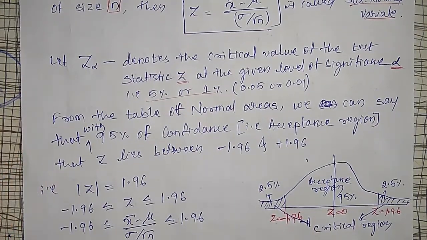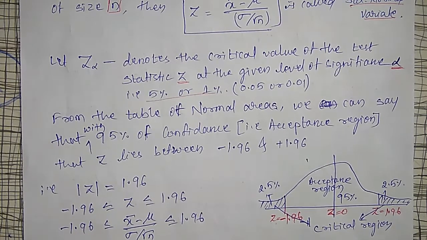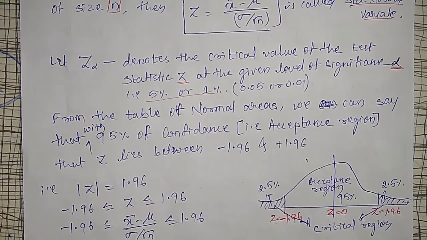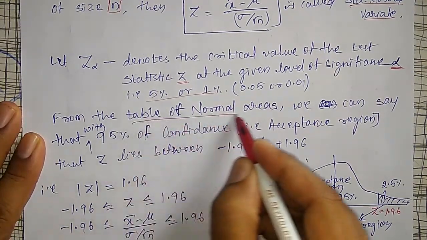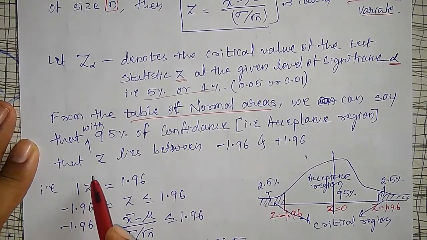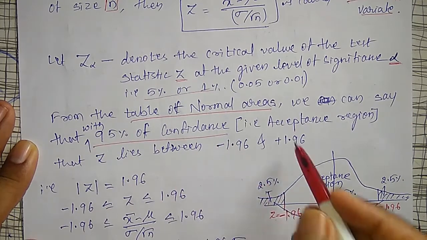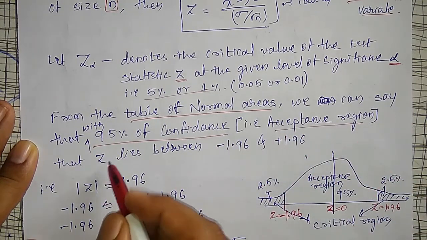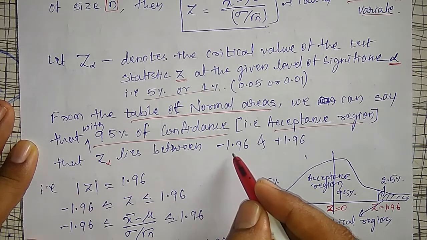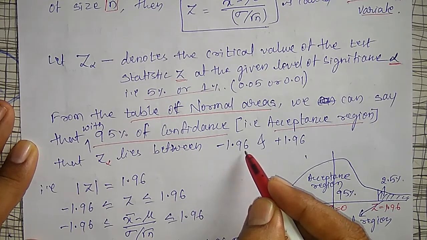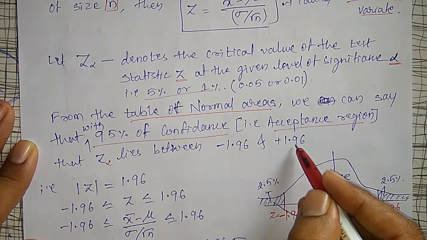From the table of normal areas, which we have discussed, we can say that with 95% confidence, that is the acceptance region, z lies between minus 1.96 and plus 1.96.